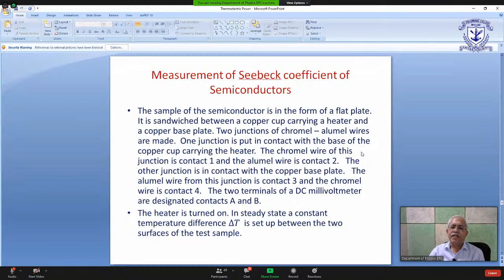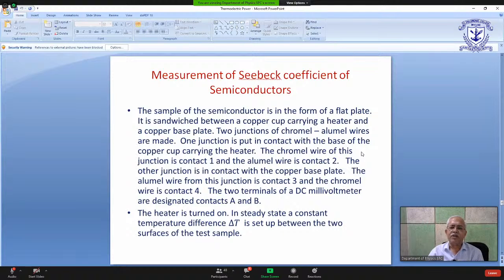One can use a DC millivolt meter to measure voltages between any two terminals. The terminals of the DC millivolt meter are designated as A and B. So we can connect A to either contact 1 or 2 and B to whichever contact. That is how we'll measure the voltage.